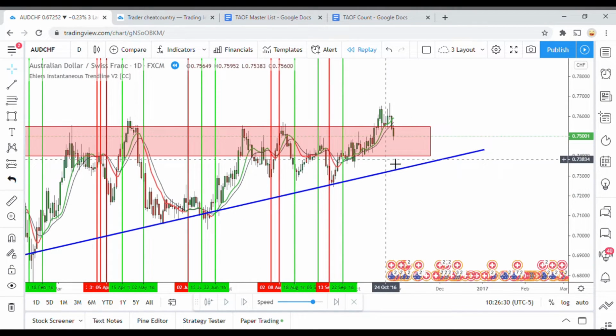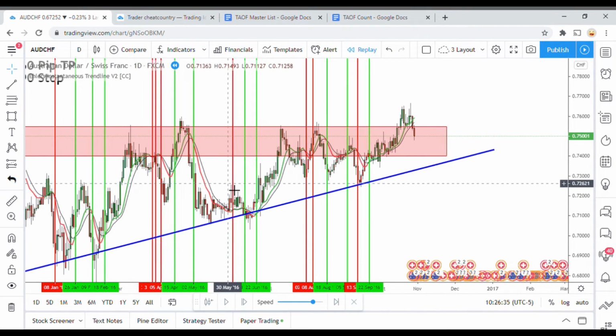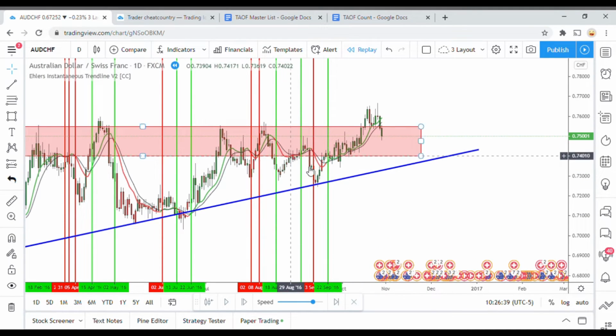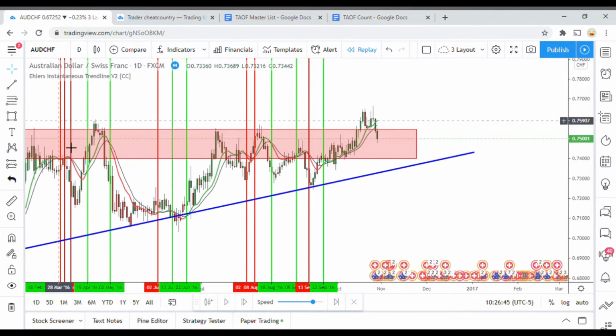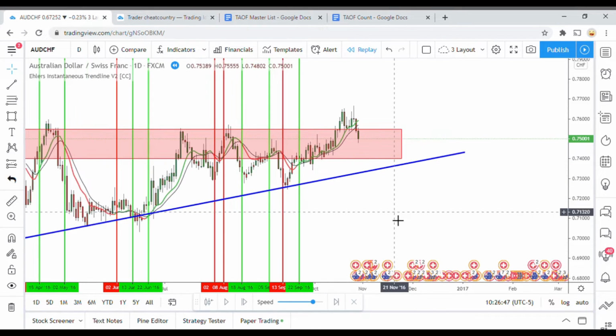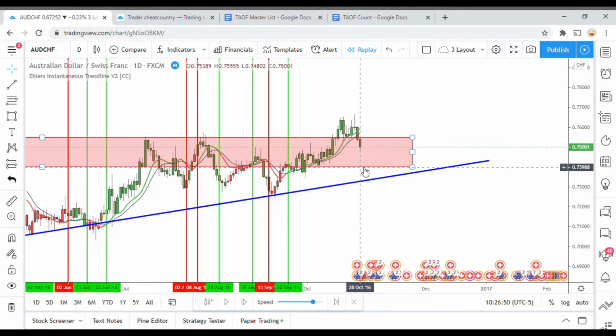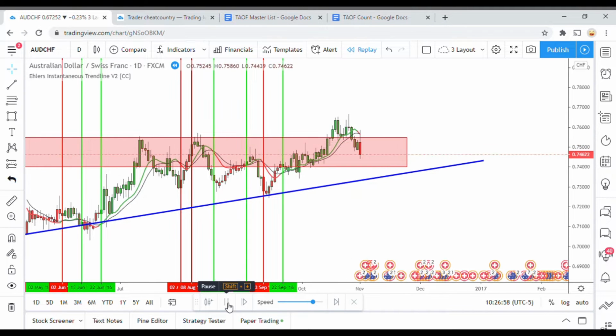The lower part of the box, I really didn't calculate it off of anything. I just drew it as a big area to give a lot of room for it. So there's not a whole lot that is stopping it once it gets to the bottom of this box. But we'll go ahead and play it out and see what it actually does.